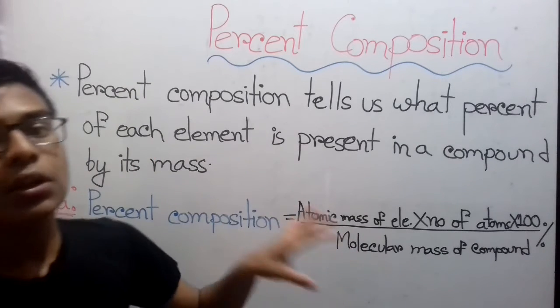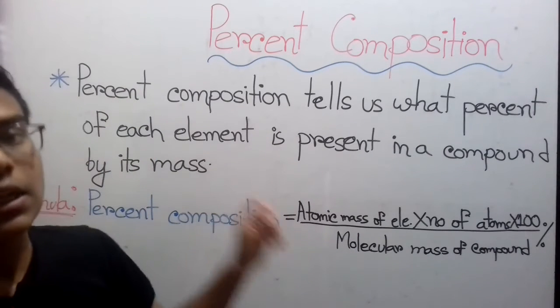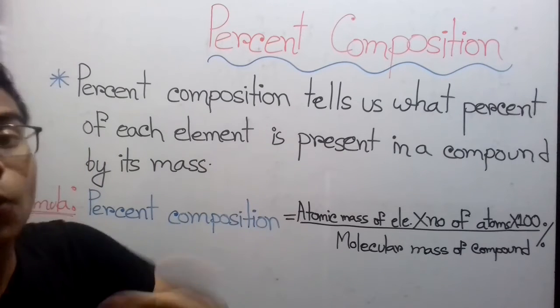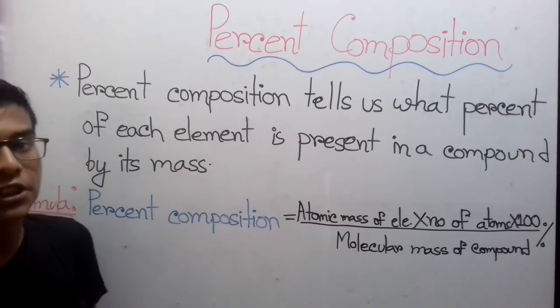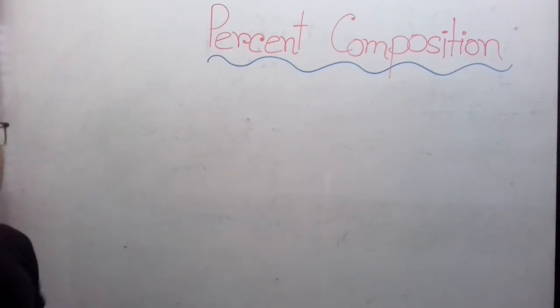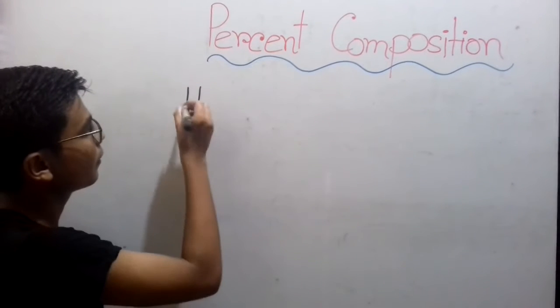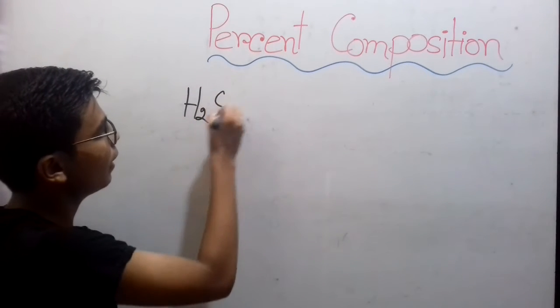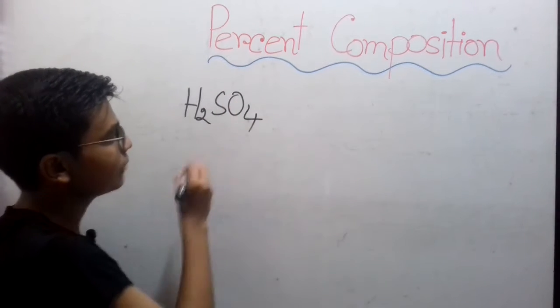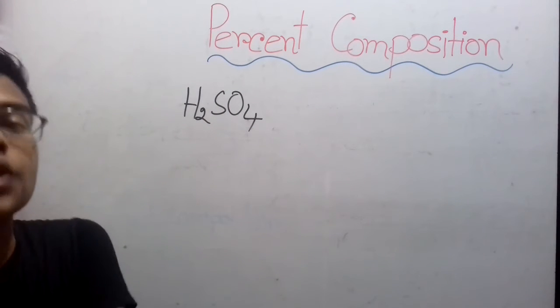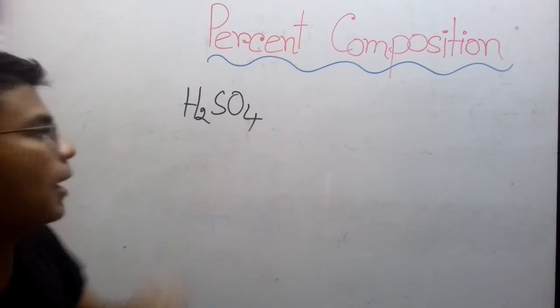Now we are going to see a compound and find out its percent composition. I am taking H2SO4, that is sulfuric acid. First of all, we have to determine the molecular mass of that compound.